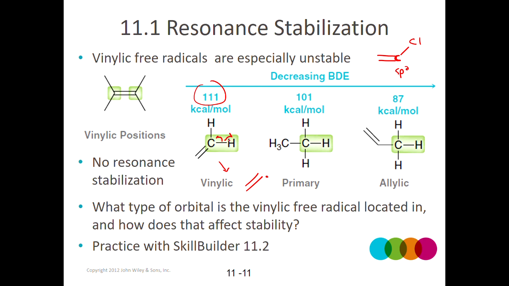And the reason for that is because of the orbitals that are involved. If I have this carbon-hydrogen sigma bond, this carbon is sp2 hybridized. So an sp2 hybridized carbon has an sp2 orbital that's overlapping with the hydrogen's 1s, and the electrons in there, being that the sp2 orbital is relatively compact, that electron density is pretty close to the carbon nucleus.